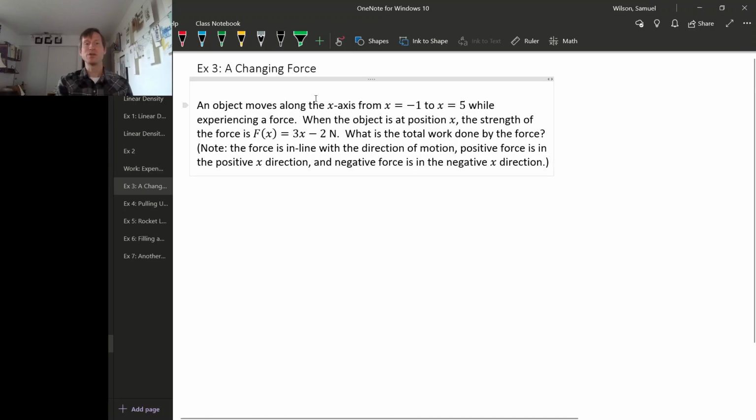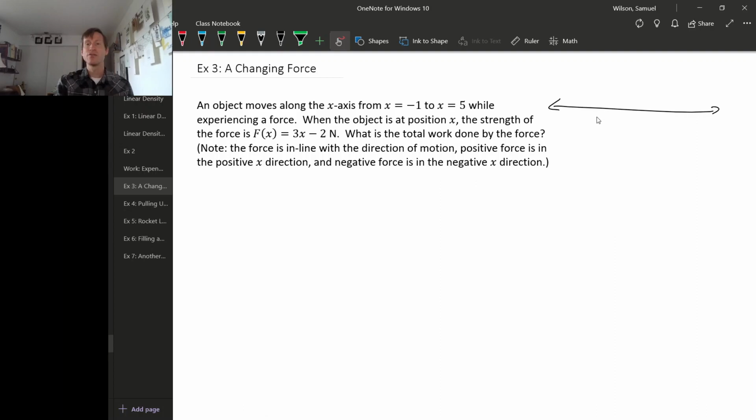Just to have an example, let's suppose that an object moves along the x-axis from x equals minus 1 to x equals 5 while experiencing a force. When the object is at position x somewhere in the middle, the strength of the force is given by the function 3x minus 2 newtons. What is the total work done by this force?